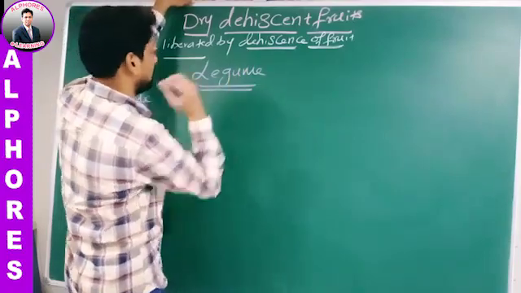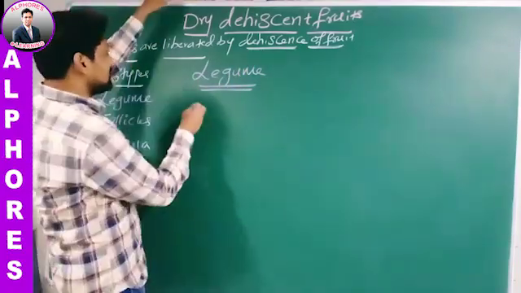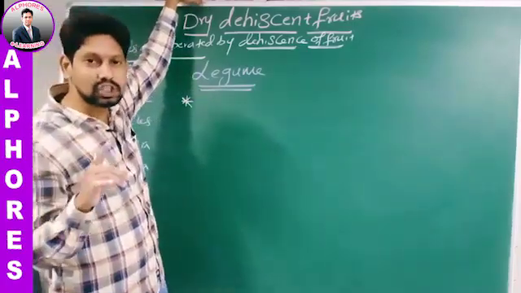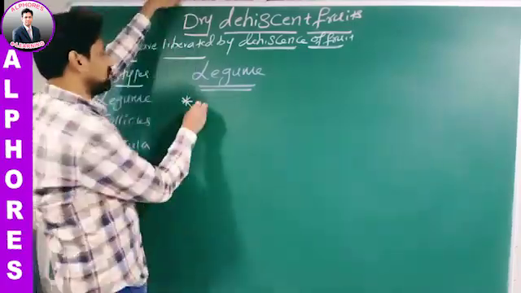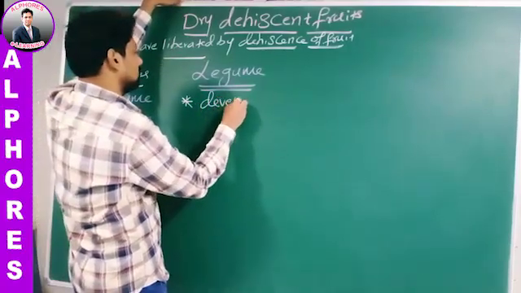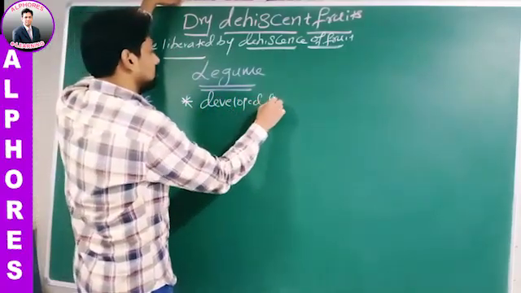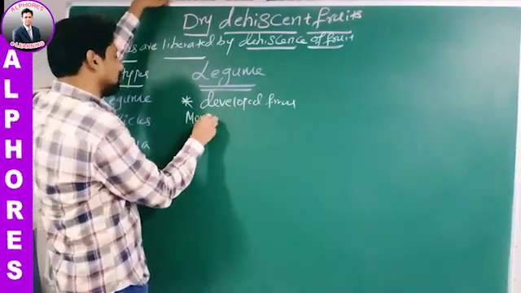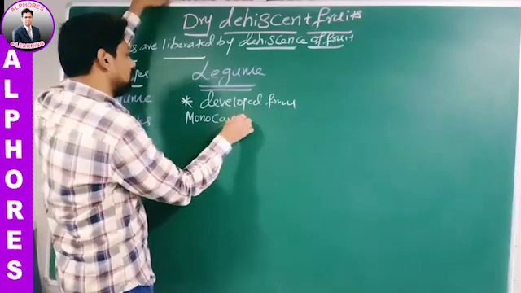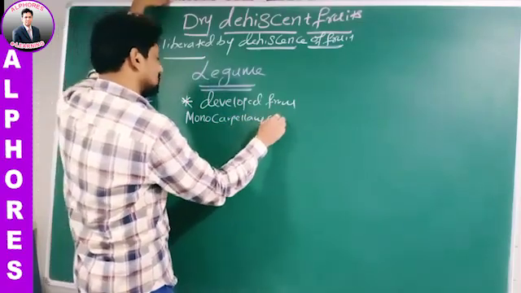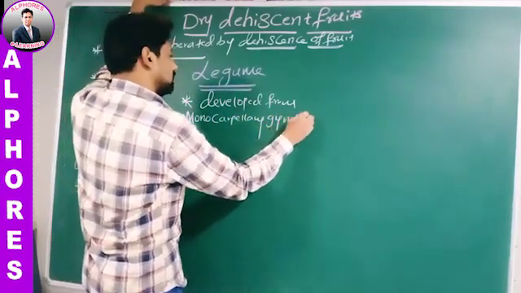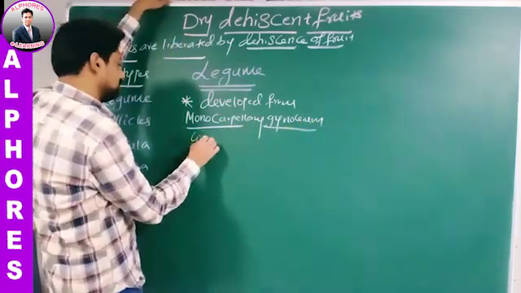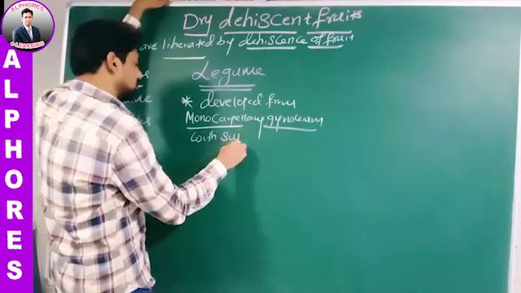Go for legume. Right. This legume is developed from monocarpellary gynoecium with superior ovary. Developed from monocarpellary gynoecium with which ovary?